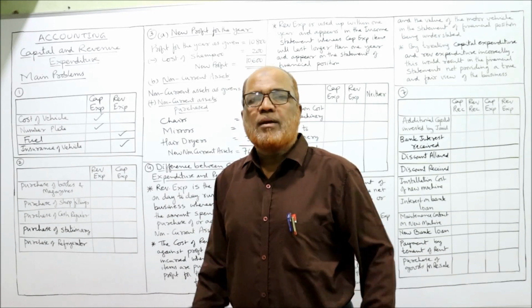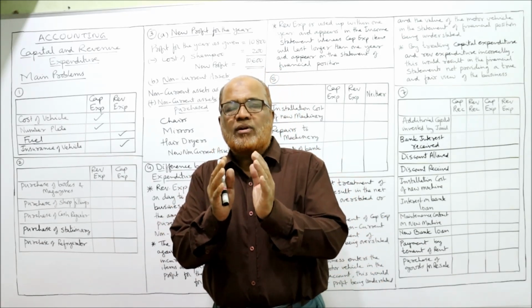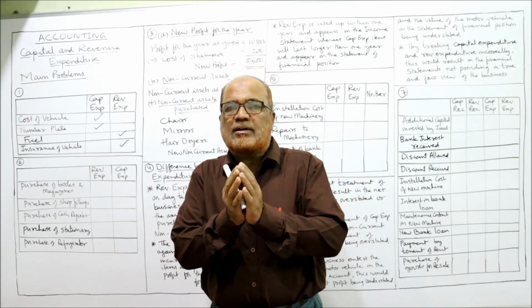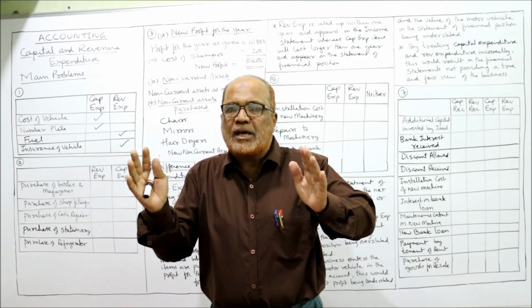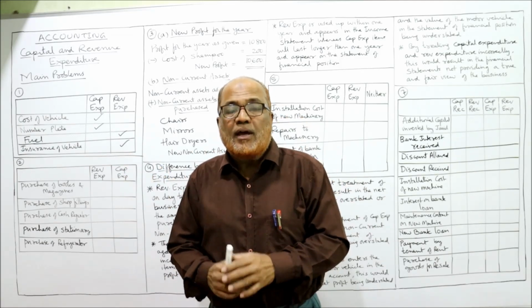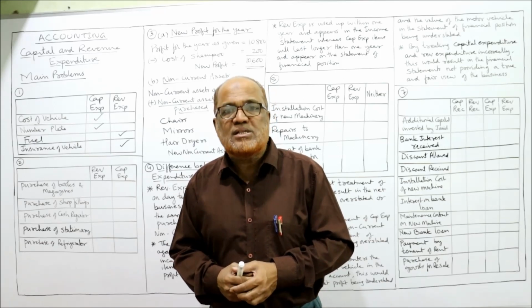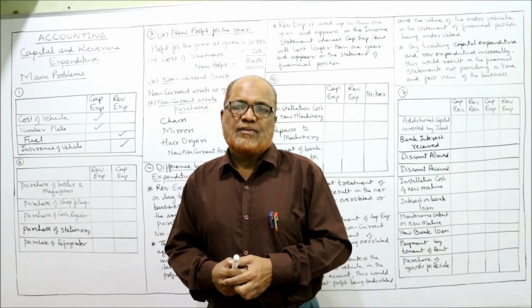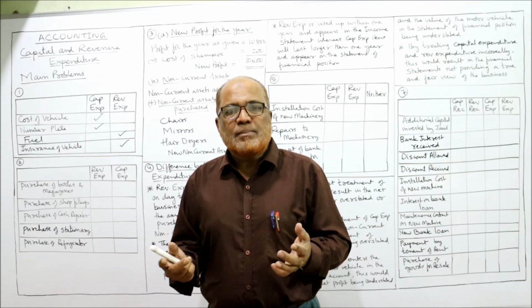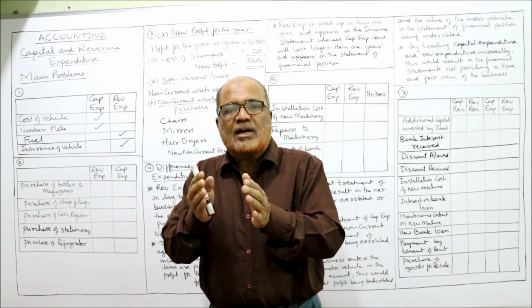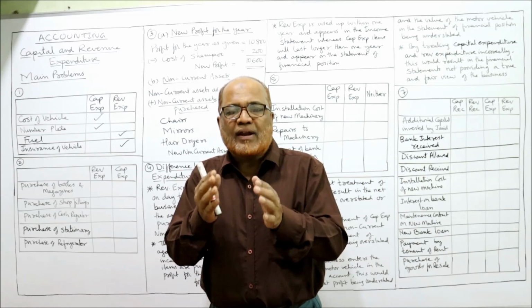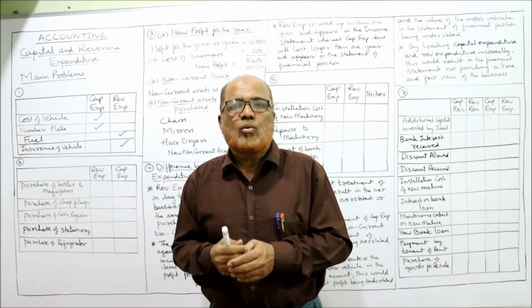What is the revenue? Remember, capital and revenue expenditure are not watertight compartments. That means we cannot always decide this is capital, this is revenue. It may differ according to the nature of the business. Simple example: if a furniture dealer is there, for a furniture dealer, furniture are goods.